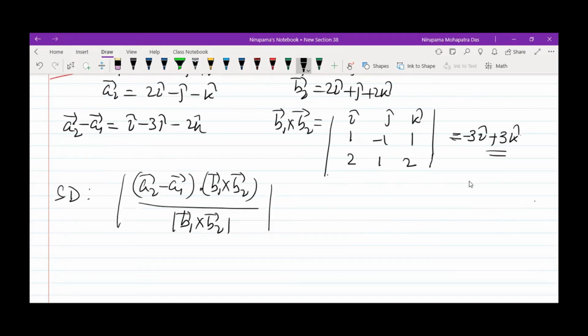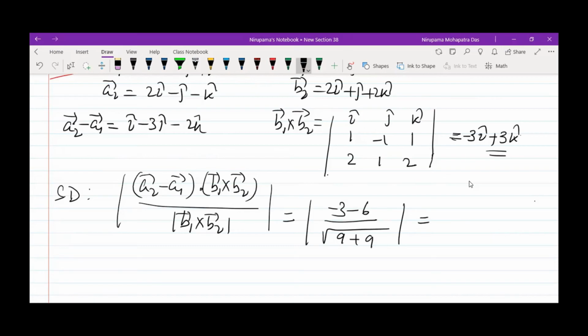We take the magnitude. So now 1 into minus 3 is minus 3, minus 3 into 0 is 0, minus 2 into 3 is minus 6, divided by under root 9 plus 9.